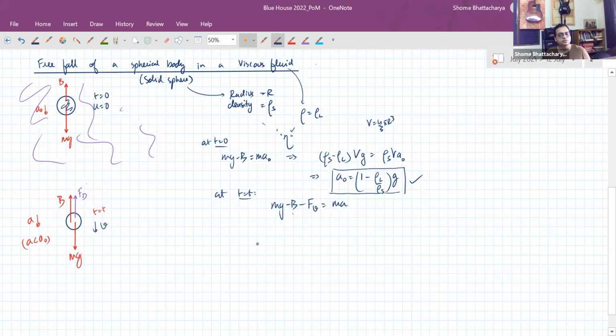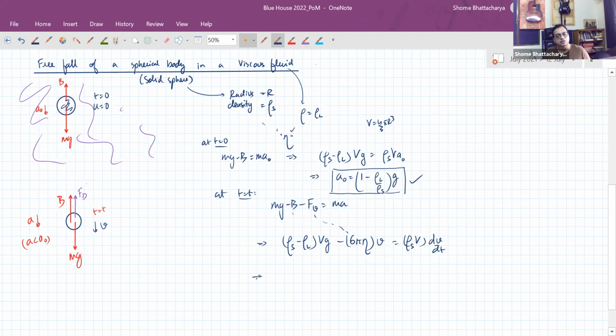But now in this equation, this term will again be difference of densities into volume into g, minus now the viscous force, that's our variable thing. That is equal to density of solid into volume, that is the mass, into dv by dt.